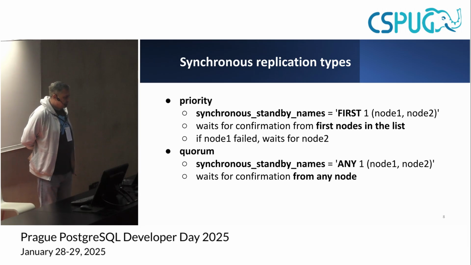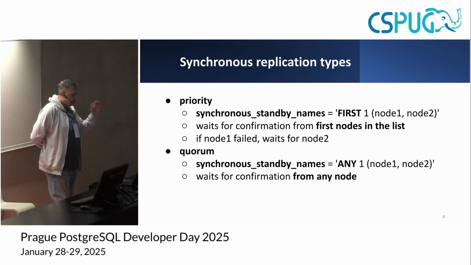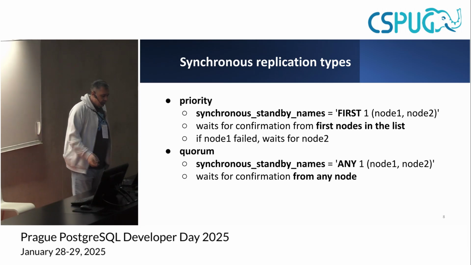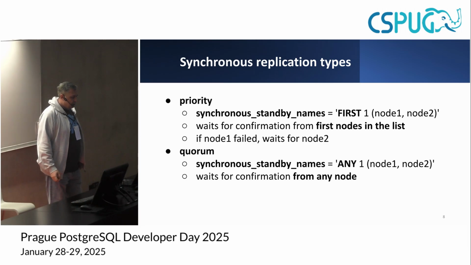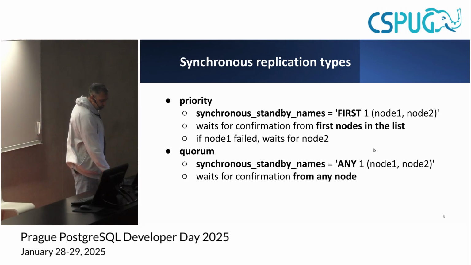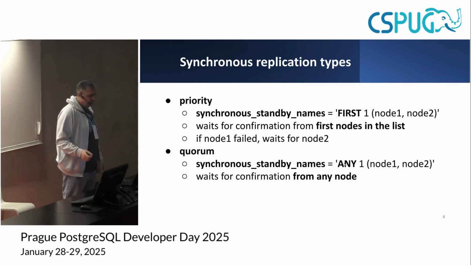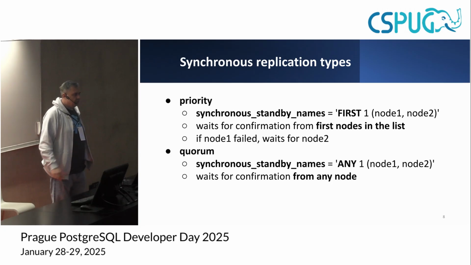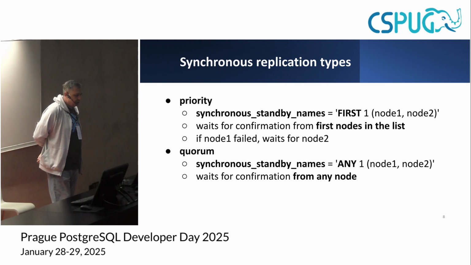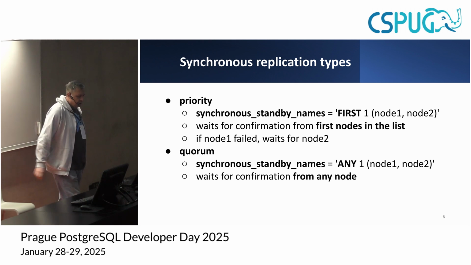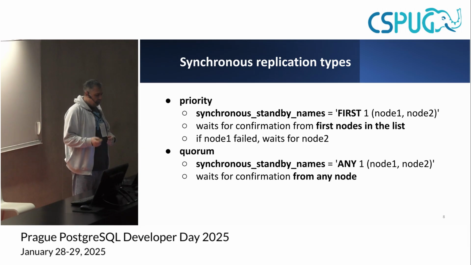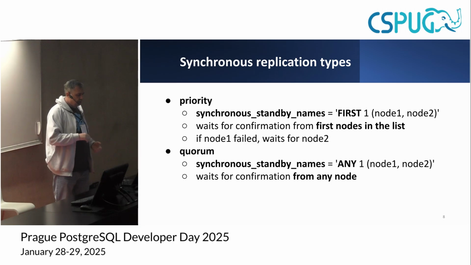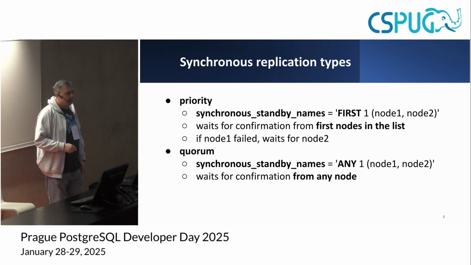To improve this situation, there is a second type of synchronous replication named quorum replication, or quorum commit. The synchronous_standby_names in this case look slightly different. Instead of FIRST we use the syntax ANY, then the number of nodes from which we need to get confirmation. On this slide, it will be reporting the transaction as successfully committed when node 1 or node 2 sent a confirmation to the primary.